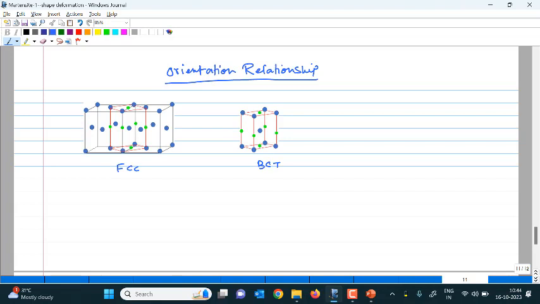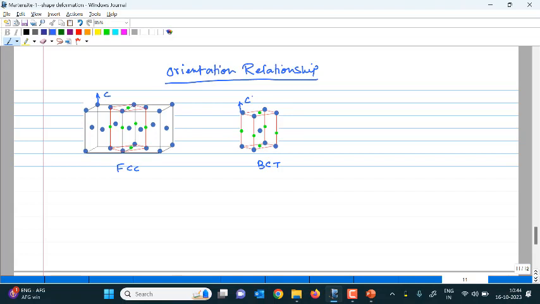As we have seen, the c-axis remains the same, right? This one here and this one here are the same directions, right?